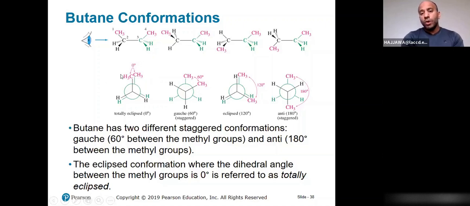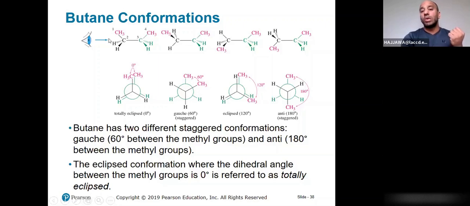Now, how come we started with a total eclipse? Well, the totally eclipsed conformation is basically when you have a 0 dihedral angle between the biggest 2 groups coming off the 2 adjacent carbons. So here are the 2 adjacent carbons, C2 and C3, and the biggest group of carbon number 2 is the methyl, and the biggest group of carbon number 3 is also the methyl.